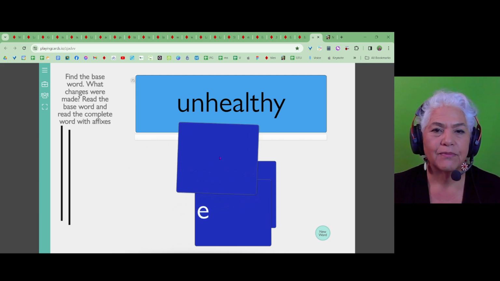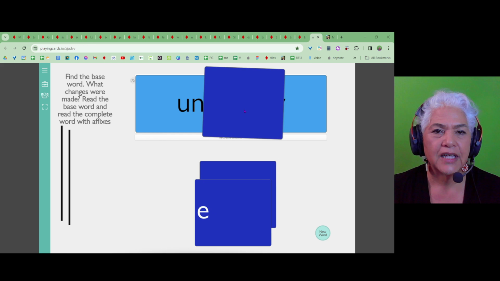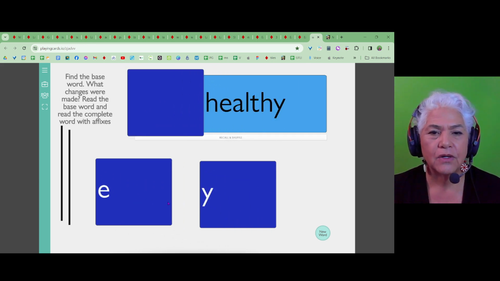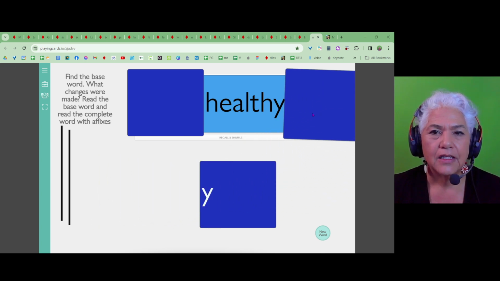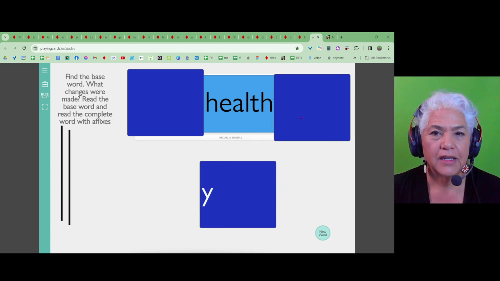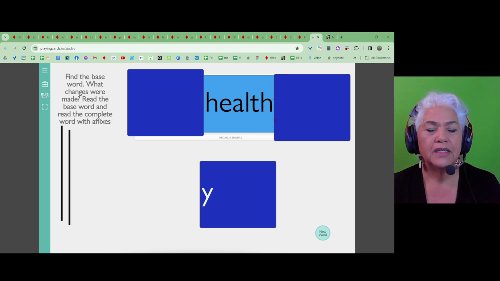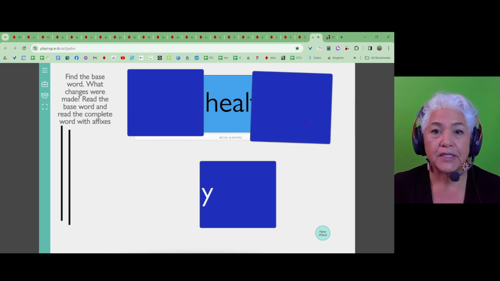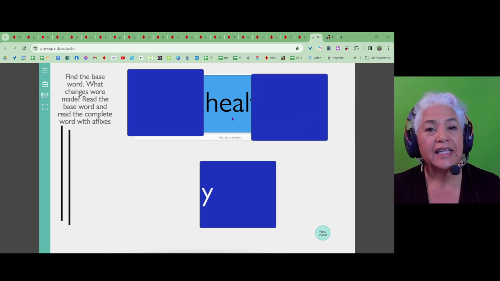Now, most kids from first grade on know the un. So we'd say, look, there's that prefix un. I'm going to just cover it. What's this word? And if they don't recognize it, we'll just flip that over and say, look, the Y is a suffix. I'm going to cover it up. What's this part in the middle? And they'll say, healed. And I'll say, that's very close because look at this. This word was heal.